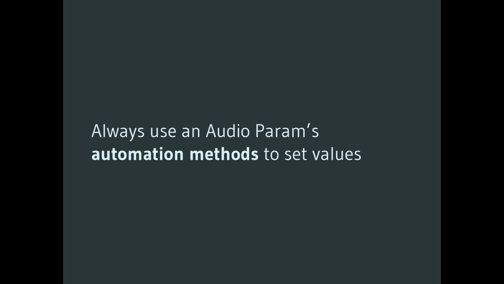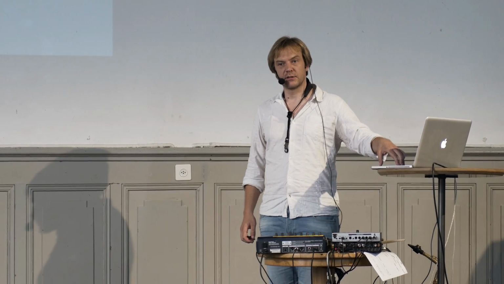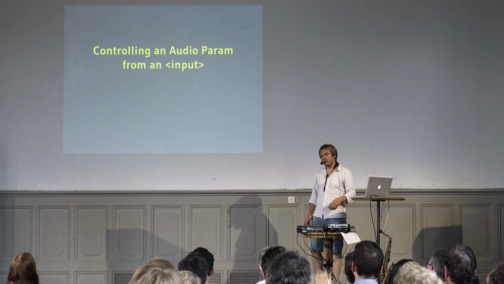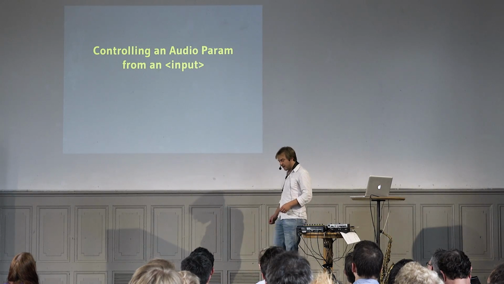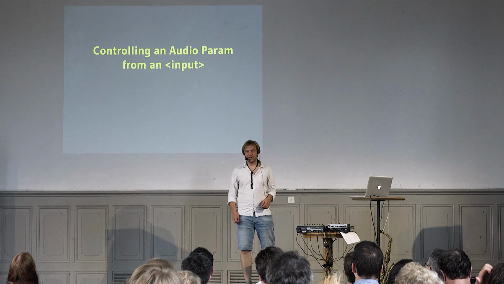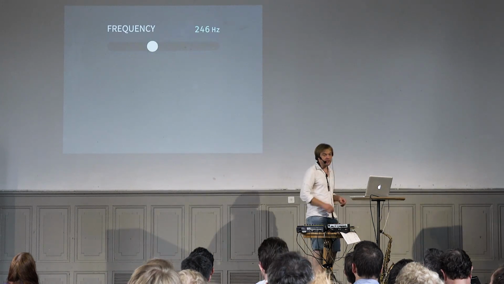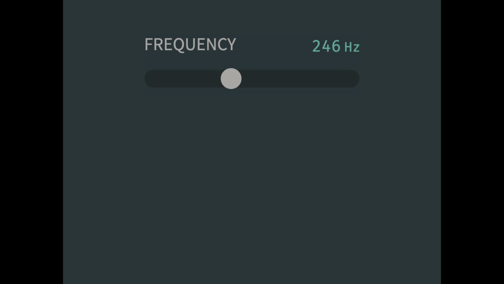So my first point is, if you're changing values on audio parameters, always use an automation method to set new values, because otherwise you get ugly artifacts. Now that we've done that, we can go ahead and connect up an input. And an ideal kind of input would be a range slider, an input type range.